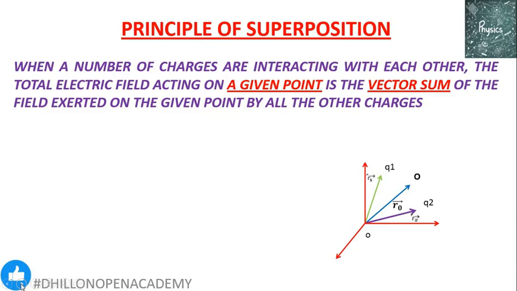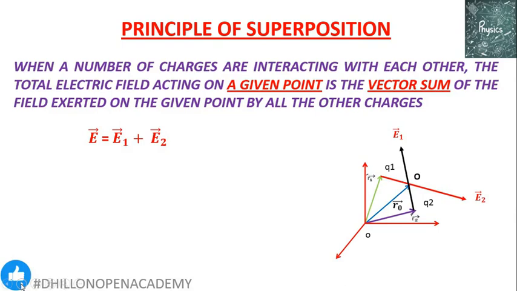It states again, when we are to find a total electric field due to all of them at a given point, it will be equal to the vector sum of the electric field at the given point due to all charges present around that point of observation. For example, in this two charge system, the total electric field E at the point O is the vector sum of E1 and E2, which are the respective fields of Q1 and Q2.